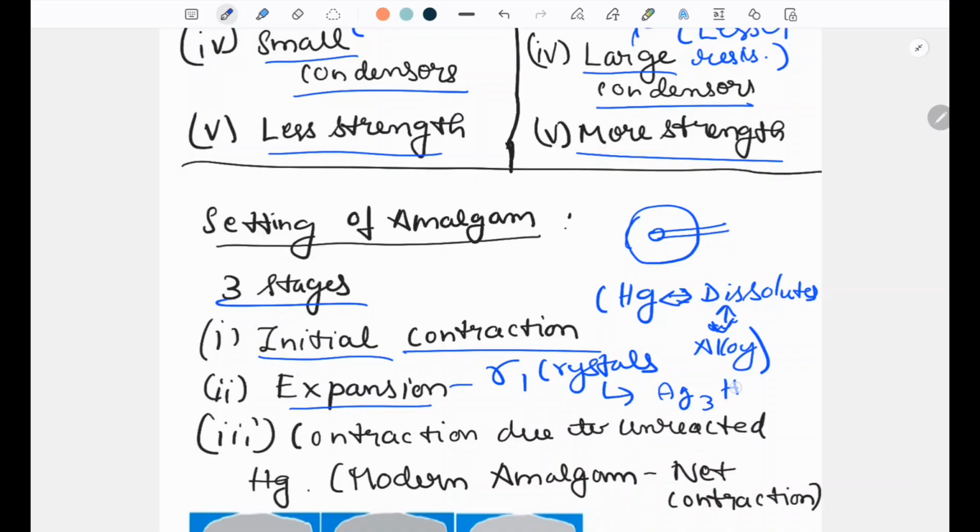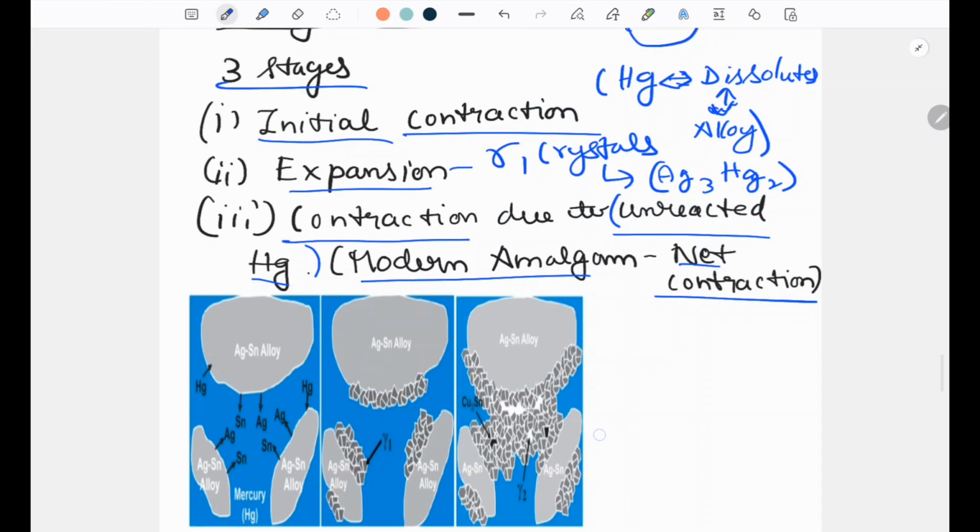You might have guessed, it is silver mercury. Then expansion occurs, and then contraction occurs due to the unreacted mercury. Again contraction occurs. In most modern amalgams there is going to be a net contraction.